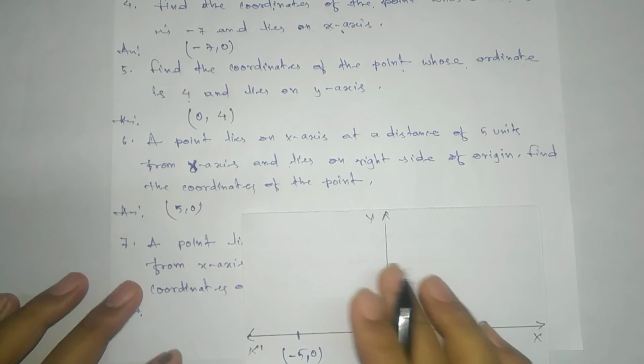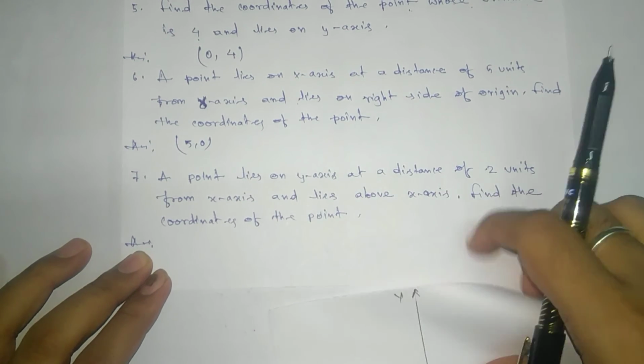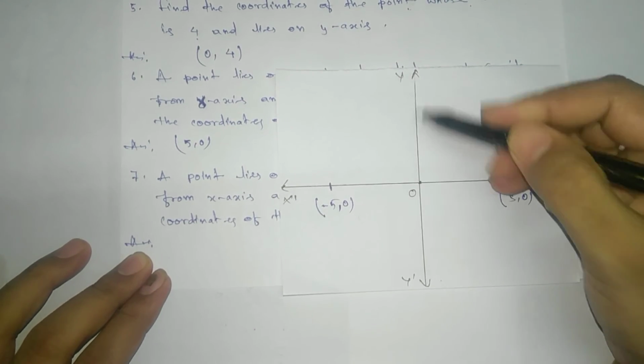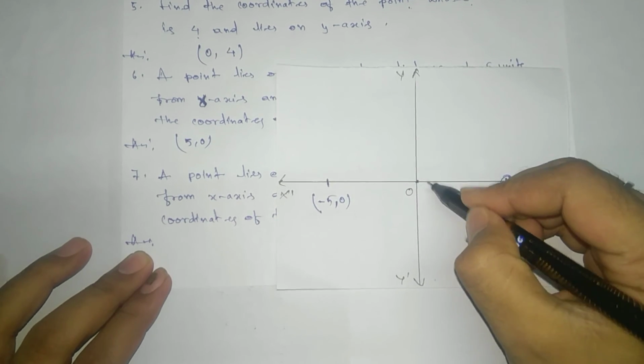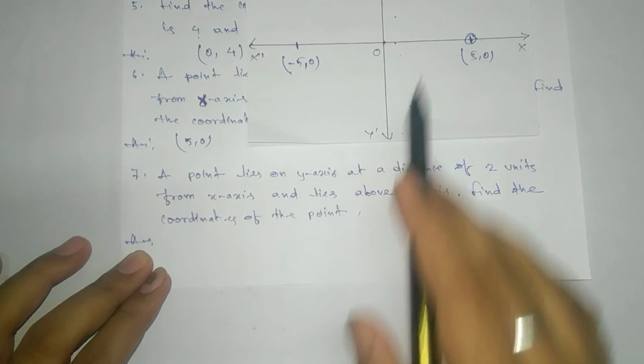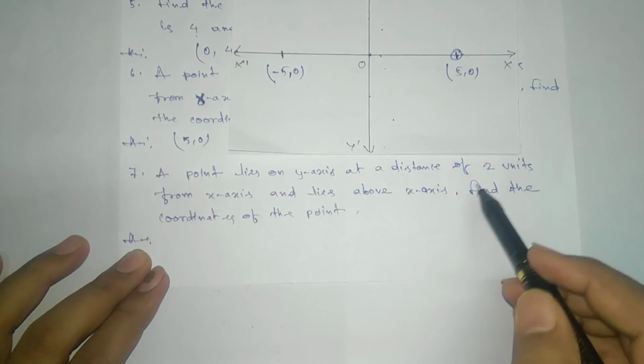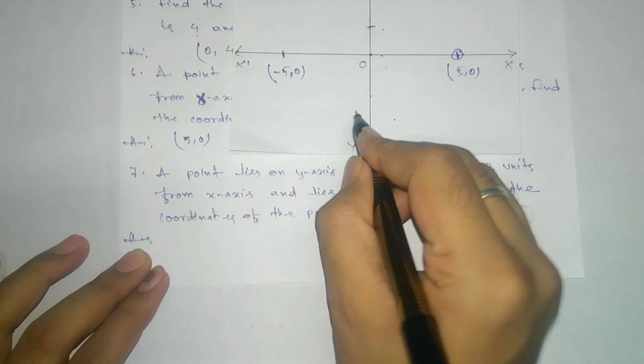And for this one, a point lies on y-axis. Now this is above the x-axis and this is below the x-axis. So the point may lie on this side or this side at a distance of 2, maybe here or maybe here.